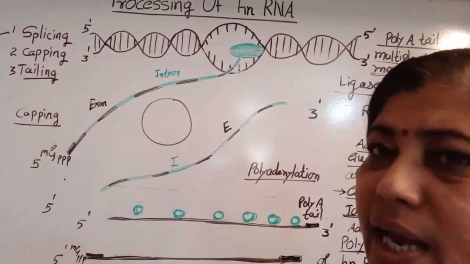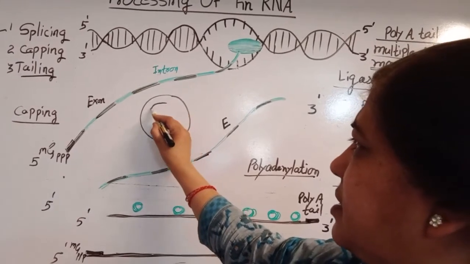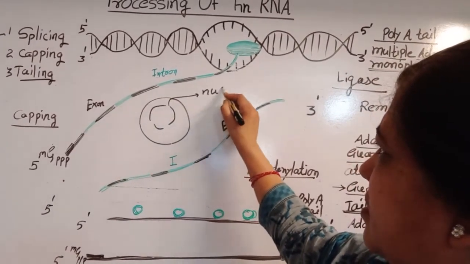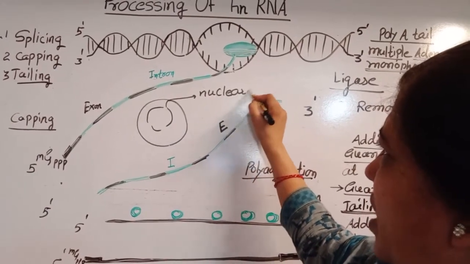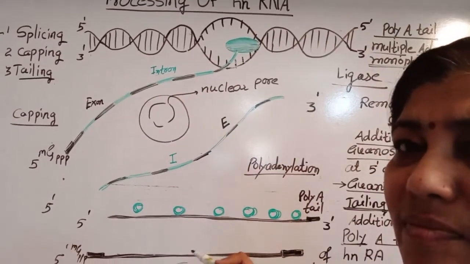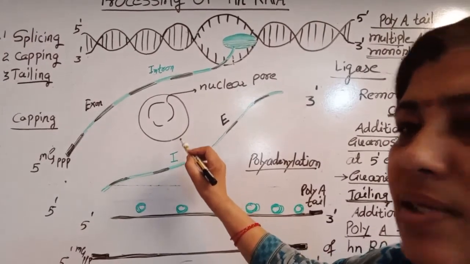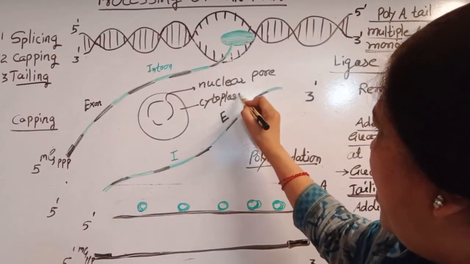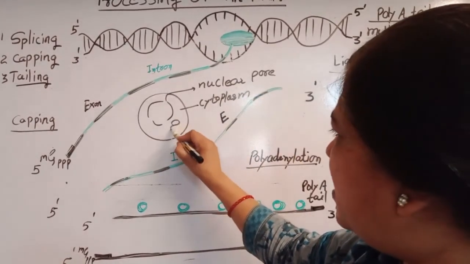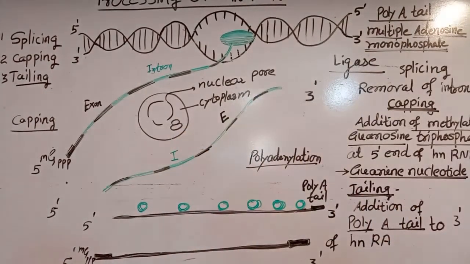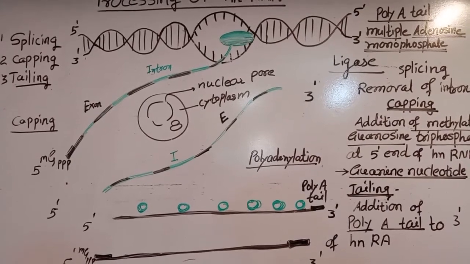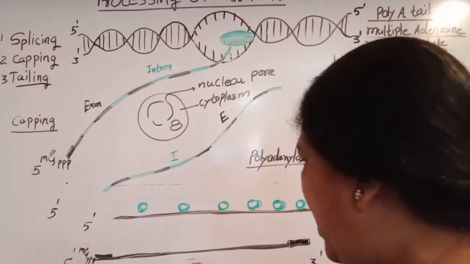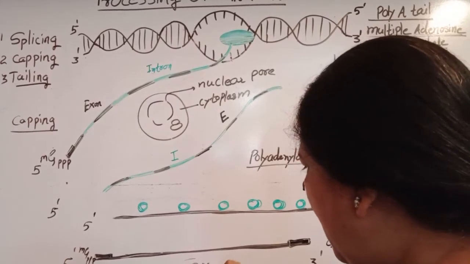See this diagram. This is the cell, and this is the nucleus, and this opening is called the nuclear pore, and this is the cytoplasm. In the cytoplasm ribosome is present. After processing of hnRNA, the RNA is called messenger RNA, that is mRNA.